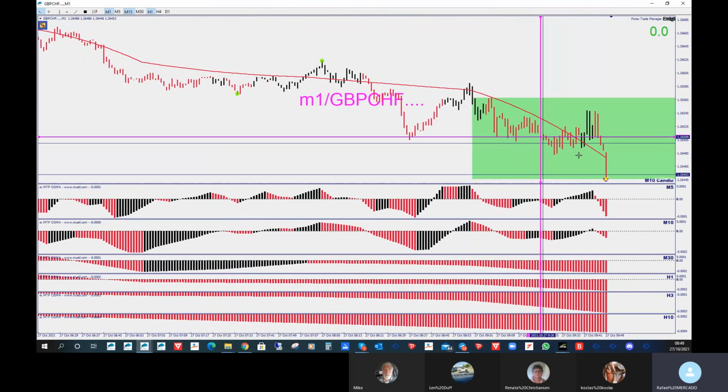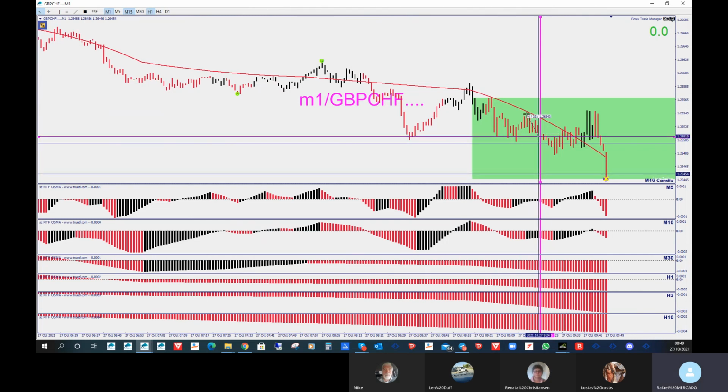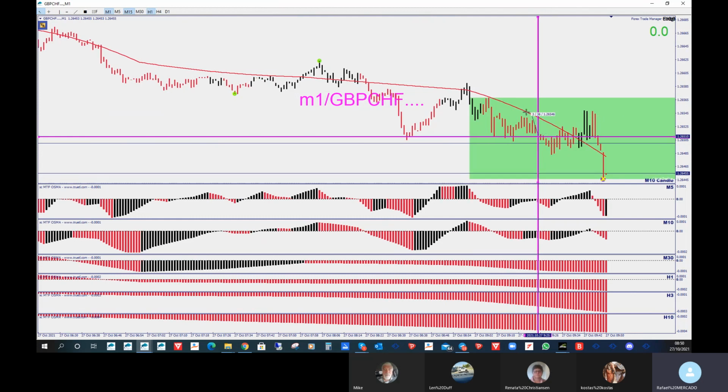In market would be like 5 pips maximum. And I have to change, but yes, a stop loss right here took me out. So it was here.